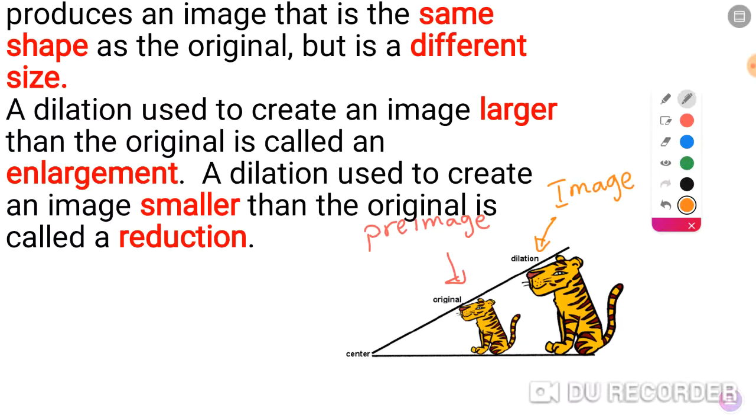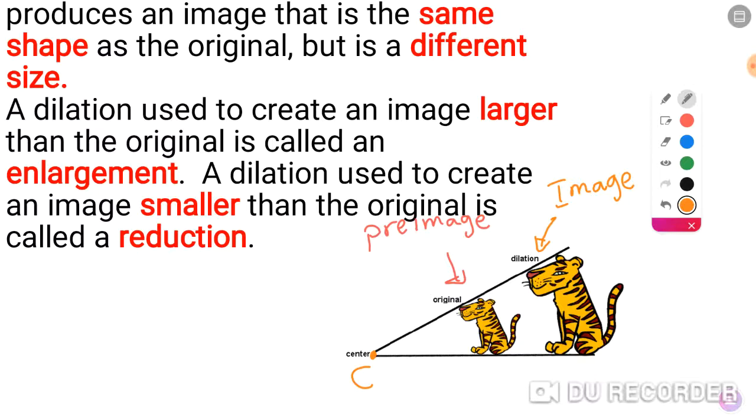So here I have an original figure that has become larger by the dilation, and it has become an image. And we have a center of dilation, and in dilation this point is really important. Okay? The center of dilation is referred to by the letter C.